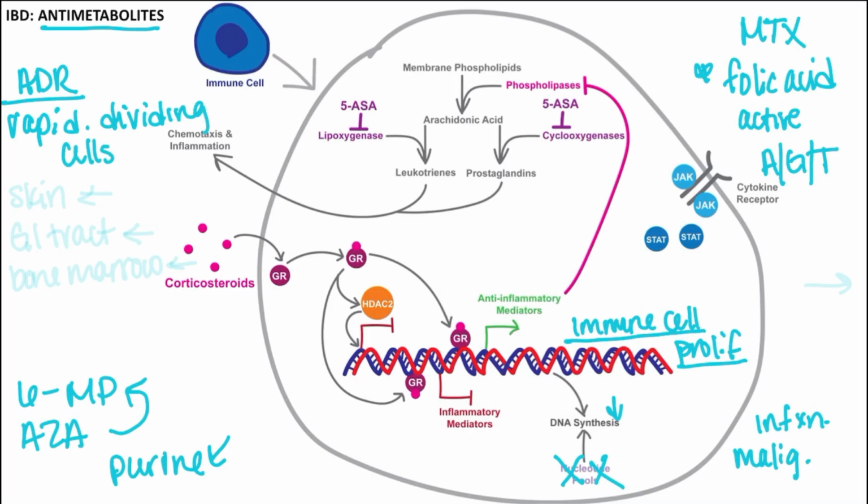And these cell populations are going to be in the skin, the GI tract, and the bone marrow. And the use of these agents could potentially lead to things like alopecia and rash, nausea, vomiting, and diarrhea if they don't already have diarrhea, and myelosuppression. Because of these risks, these agents are normally seen with severe or resistant IBD. So moving on to the next slide.